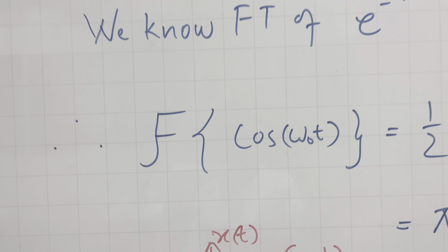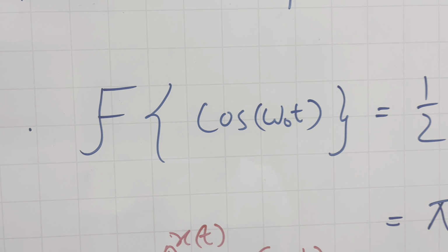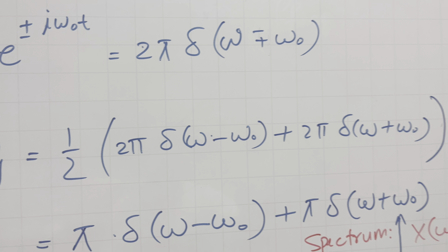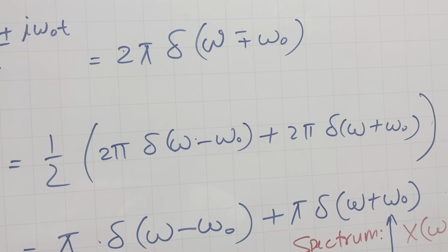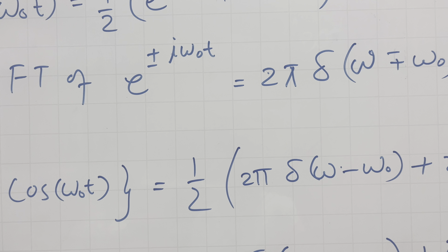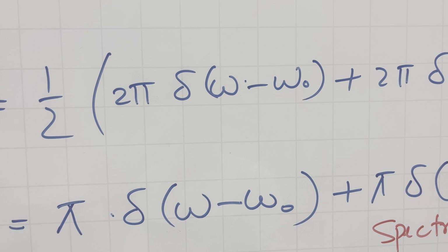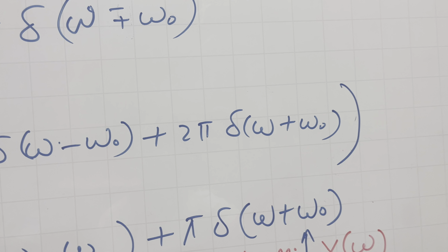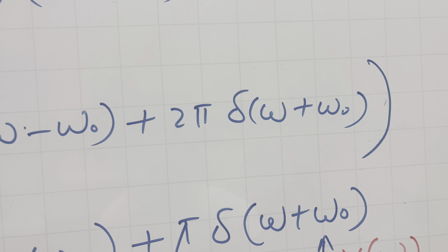Now we will find the Fourier transform of our function cos omega naught t. So this can be written as half, then we substitute the Fourier transform of exponential plus i omega naught t, which is 2 pi delta(omega minus omega naught), plus the exponential minus i omega naught t, which is 2 pi delta(omega plus omega naught).